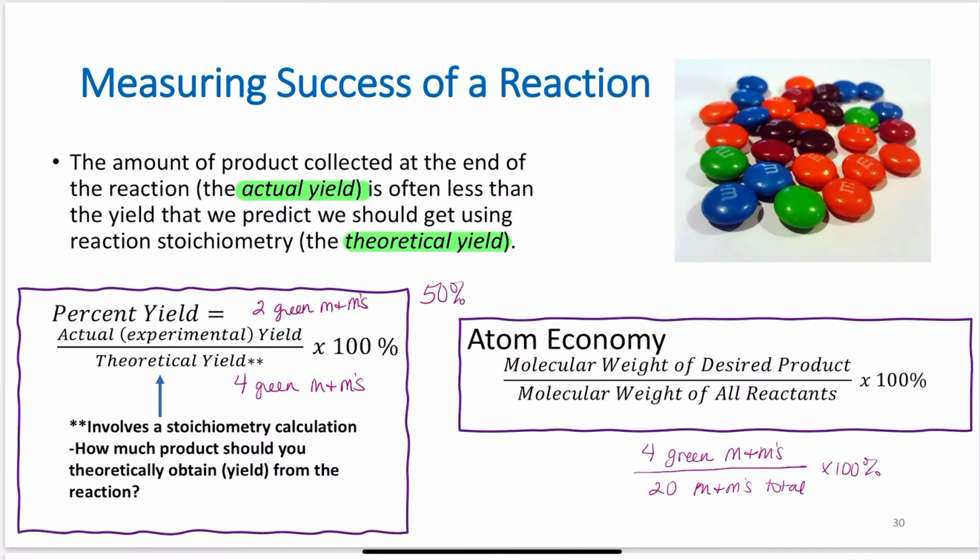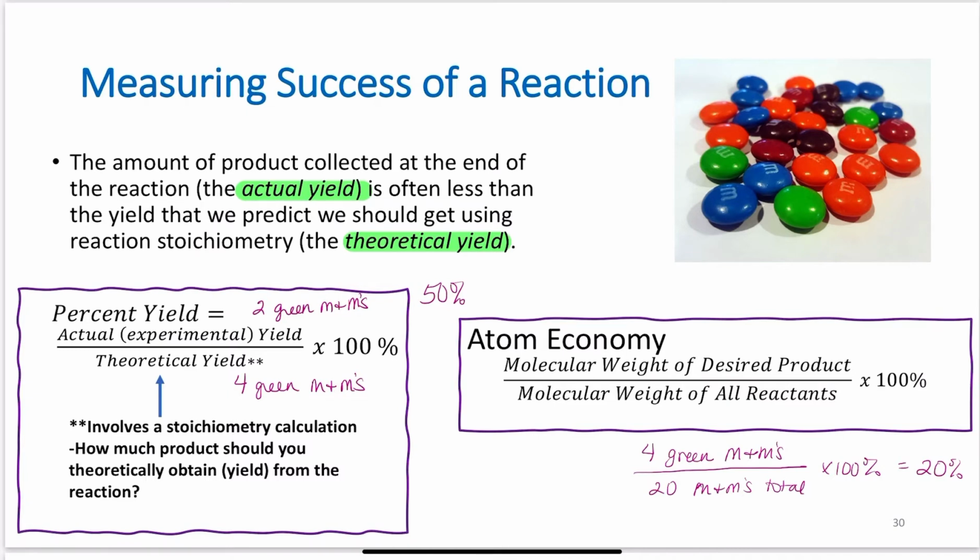So 4 divided by 20 times 100% gives me 20%. These are both important calculations. Again, percent yield: how much did I actually make from what I thought I could? Atom economy: what is the percentage of what I actually want compared to what I put in?